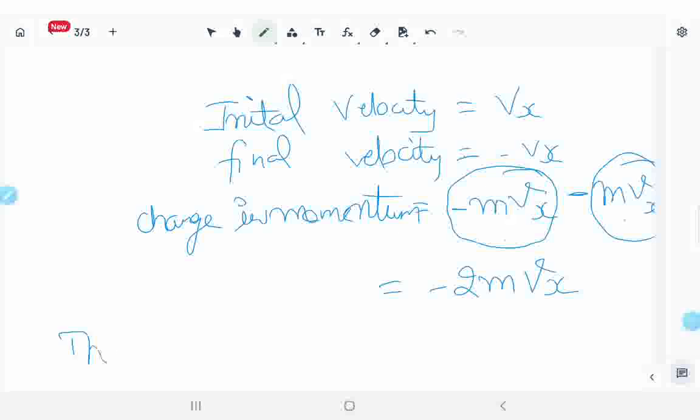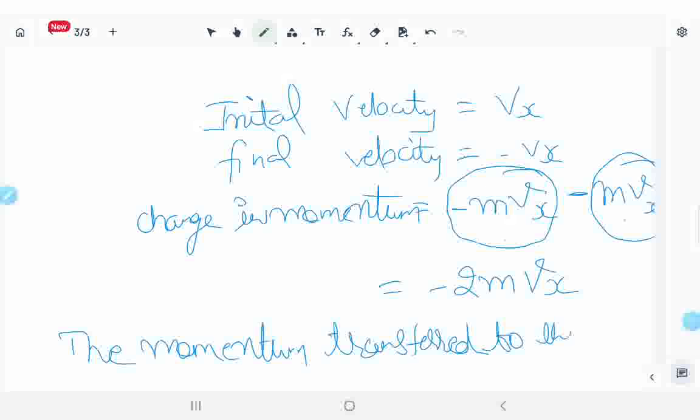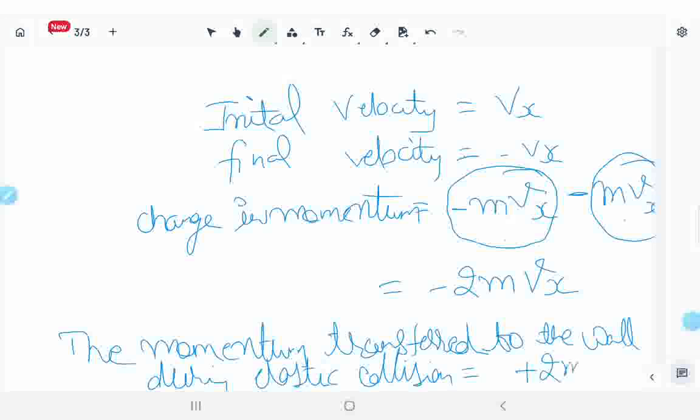So the momentum transferred to the wall during elastic collision, due to one molecule, is equal to plus 2m Vx, because this is the lost momentum, the change in momentum of the molecule.